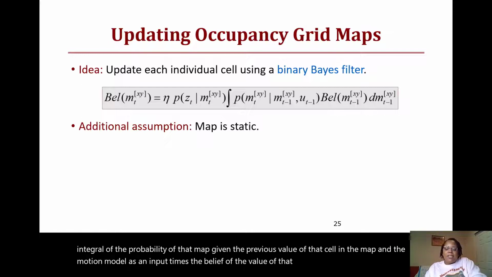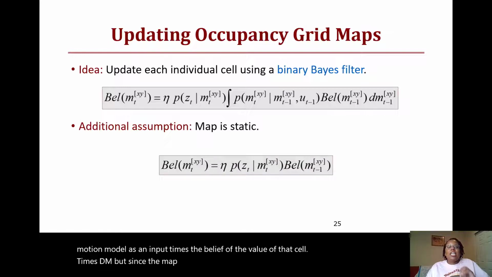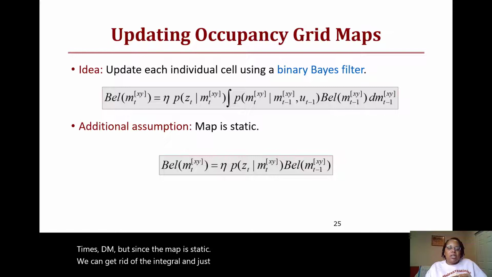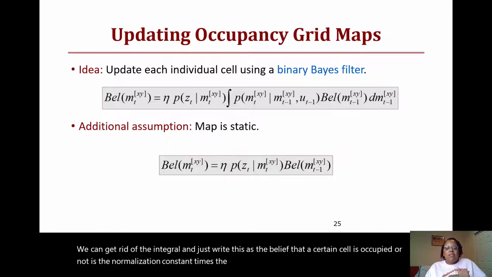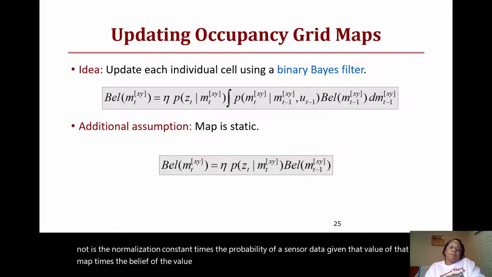But since the map is static, we can get rid of the integral and just write this as the belief that a certain cell is occupied or not is the normalization constant times the probability of sensor data given that value of that map, times the belief of the value of that map cell at t minus 1.